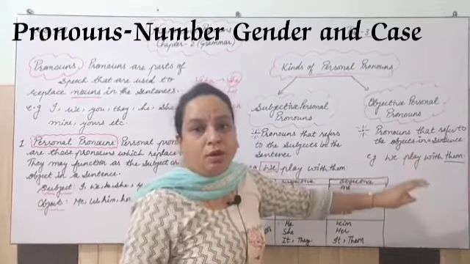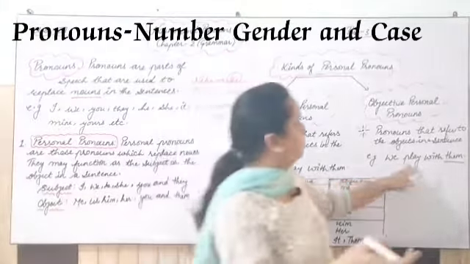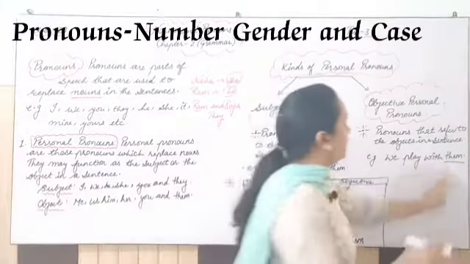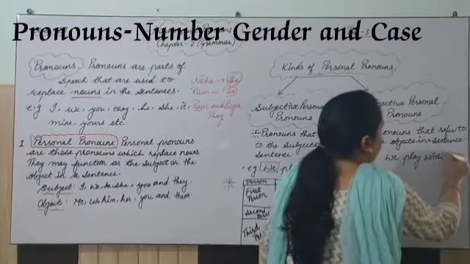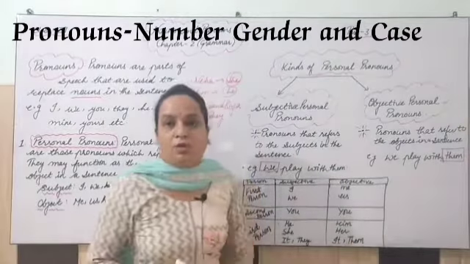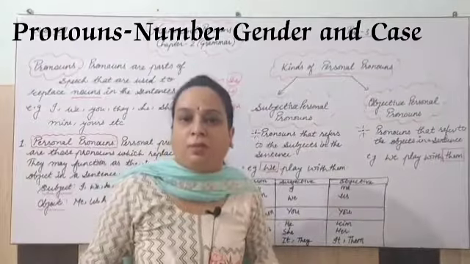When we are talking about objective, that may be something after the verb, right? So play is the verb, with is what? It is not any object here, but them, right? Them is here an objective personal pronoun. So this was all about objective and subjective personal pronouns.